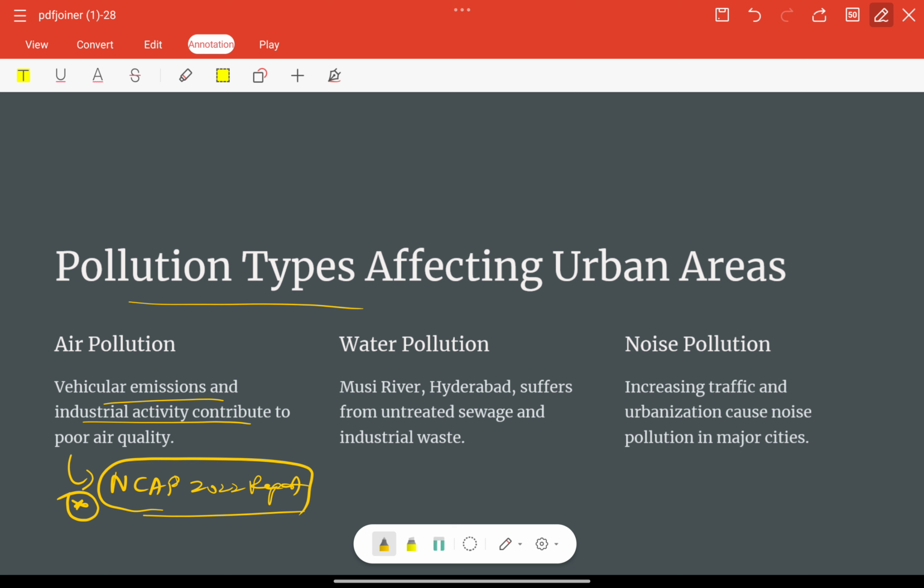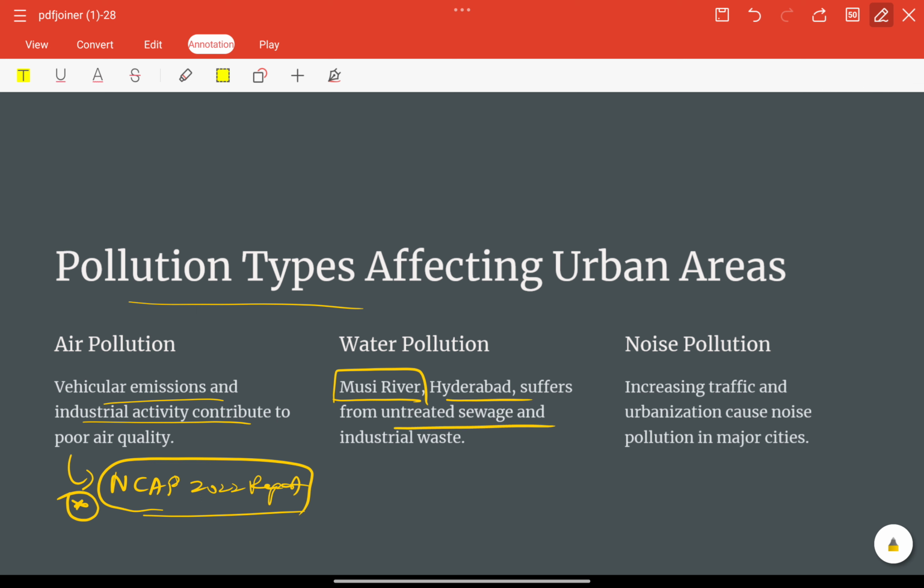Other than that, we have water pollution, also a very important thing. Here we can add that the Musi River especially suffers from untreated sewage and industrial waste. So here we can add our example, that is the 2023 Telangana Pollution Control Board report, because water quality in the Musi River continues to deteriorate according to this report, right?